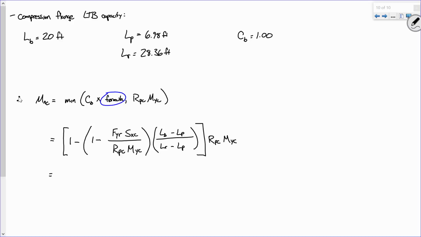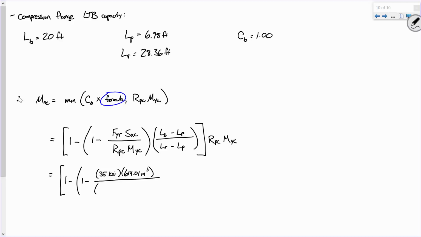Everything you're seeing here is that formula I'm talking about. Usually it's the minimum of CB times all this or RPC MYC, but since CB is 1, I know this is the case. So 1 minus 35 KSI times SXC, which was 614.01.